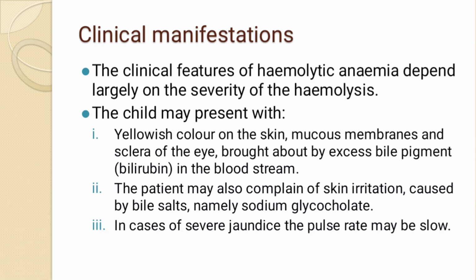Yellowish color, that is jaundice, of the mucous membranes, skin, the sclera of the eye, brought about by excess bile pigment, what we call bilirubin, in the bloodstream. Also, the patient may complain of skin irritation caused by bile salts, namely sodium glycocholate. In cases of severe jaundice, the pulse rate may be slow.